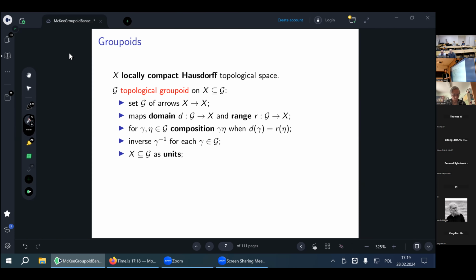I think of my unit space as sitting inside the groupoid as units. So if eta is an element of the unit space, that means eta is the domain of gamma, where gamma starts, and then the product of gamma multiplied by the domain of gamma is just gamma, and the same on the other side.